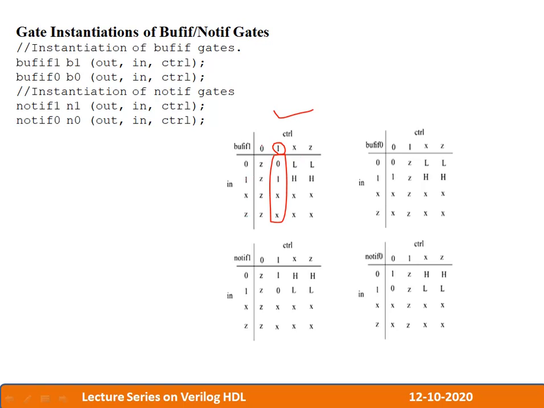For the rest of the cases, if control signal is 0, it is Z. Here also, this is not if 1, which means control signal should be 1. If control signal is 0, then output will be high impedance. If you have the reverse condition, the output will be Z.